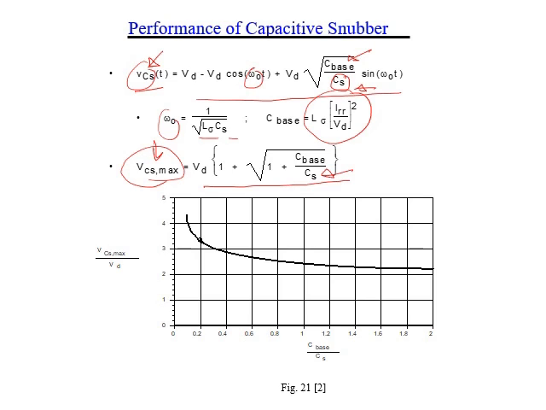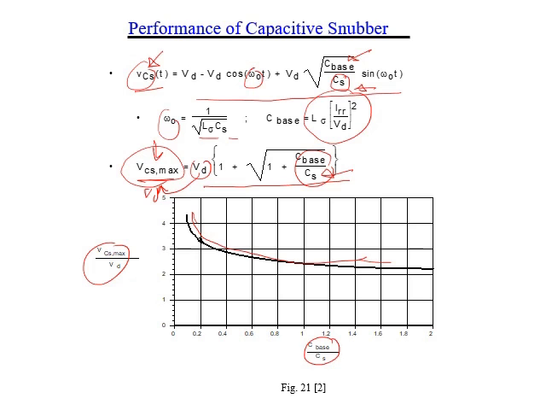The ratio V_D max over V_D, with respect to the ratio of C_base over C_s, is exponential minus the square root of this ratio. So by changing this ratio, we change the maximum voltage and can reduce it as much as we can.